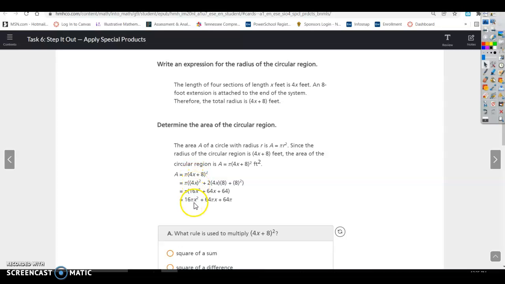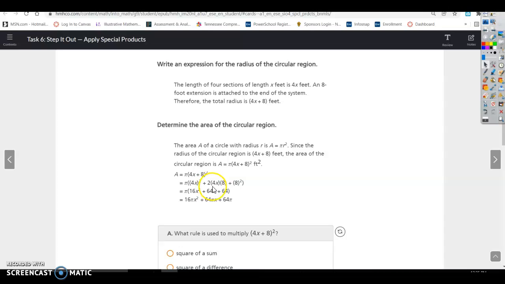4x squared is 16x squared. And then we're going to have twice ab, so 2 times 4x times 8. And then we're going to square our last term, which is 8 squared. All right, so when you simplify that, (4x) squared, remember you square both the 4 and the x, you get 16x squared.